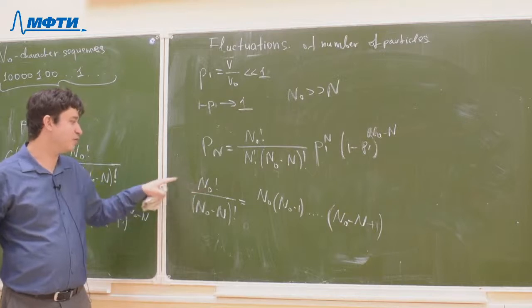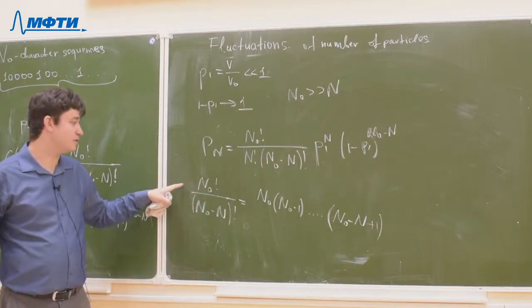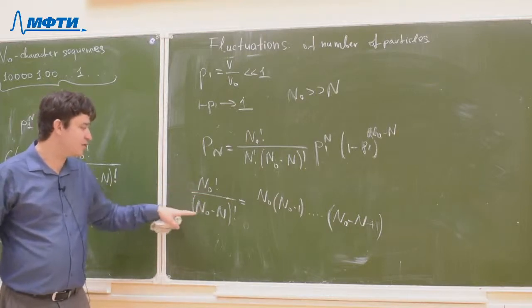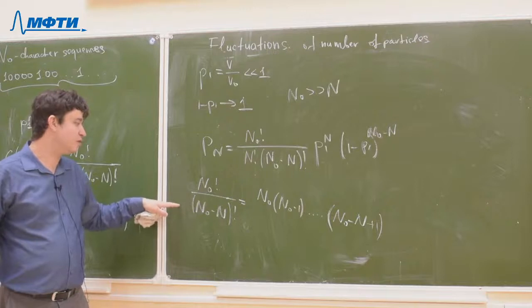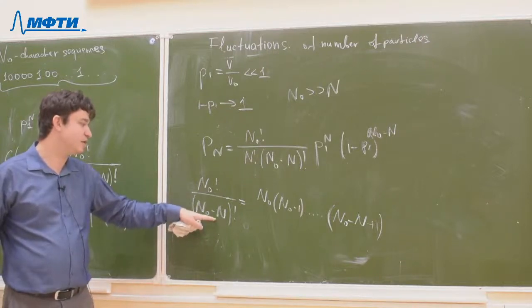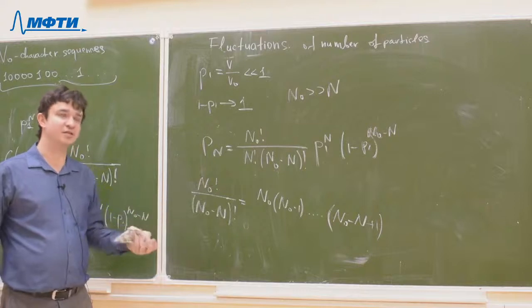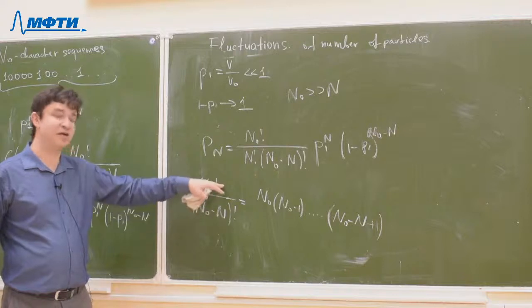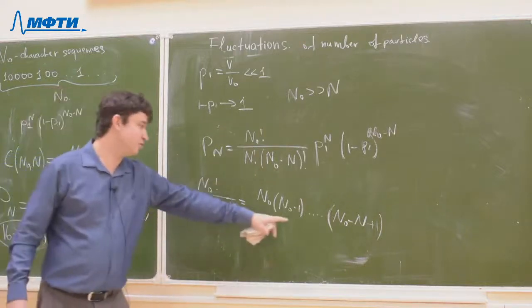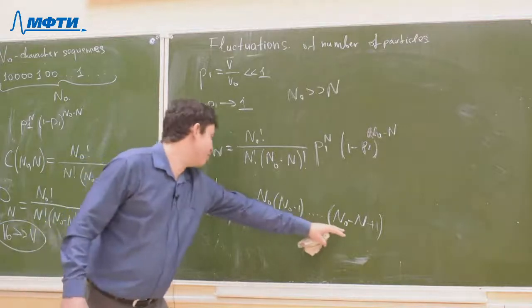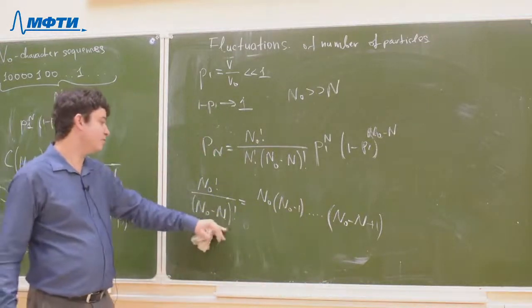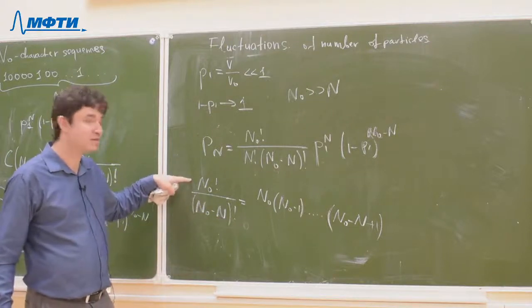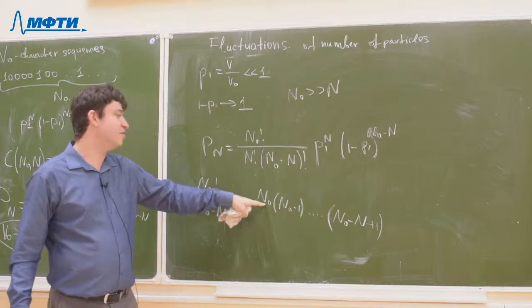For the factorial, we have a product of integer quantities starting from 1 and ending at n0. For the denominator, we have the same product, which starts from 1 but ends at n0 minus n. So all of the factors which are absent in the denominator but are present in the numerator are as follows. We start from n0 minus n plus 1, which is the first quantity which the denominator factorial doesn't contain, and then proceed until we reach n0.